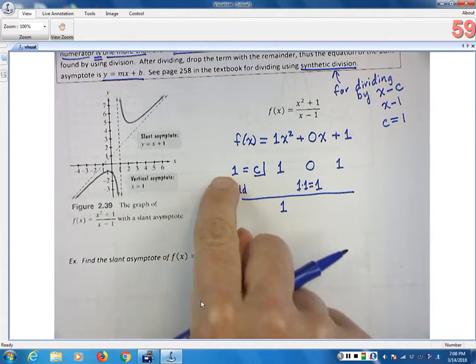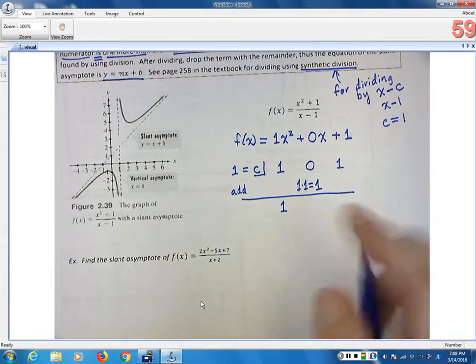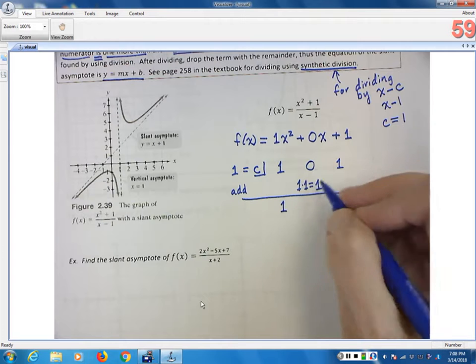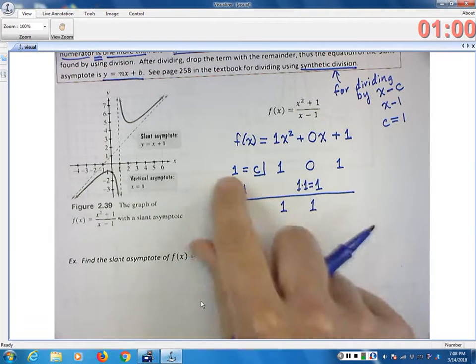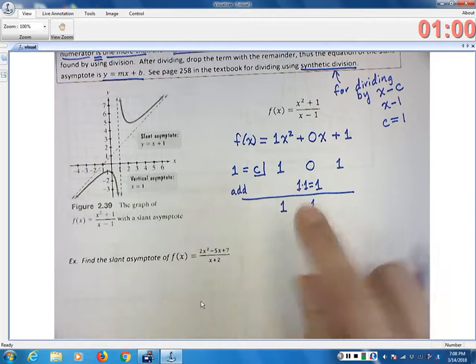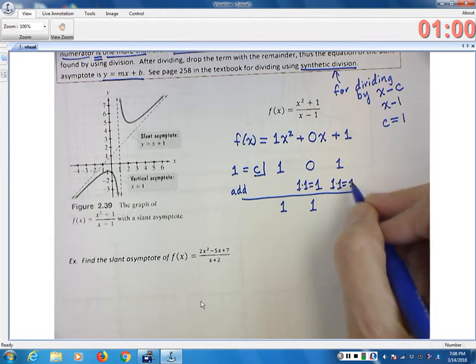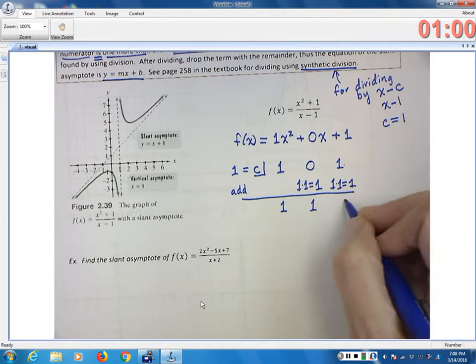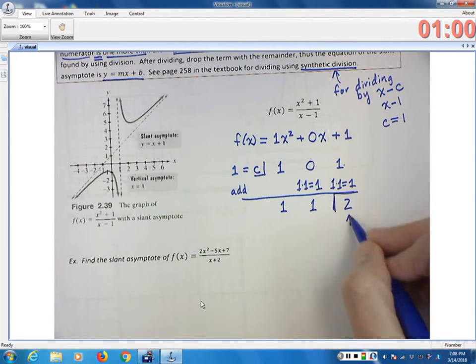We do 1 times 1, we get that. And then we're going to add 0 plus 1, and we get 1. Then we multiply again. This is a 1 times 1 equals 1. And then we add 1 plus 1 is 2. And this is always going to be our remainder.